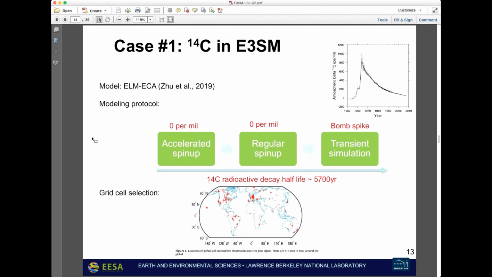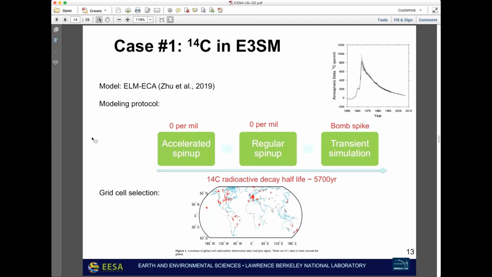The decay is also accelerated during the accelerated spin-up. The 12C and 14C are both accelerated, so we can make sure that 14C is also equilibrated. During the transient simulation, we just impose this atmospheric signal of delta 14C, and then simulate the transient dynamics of 14C in the plant and also in the soil.